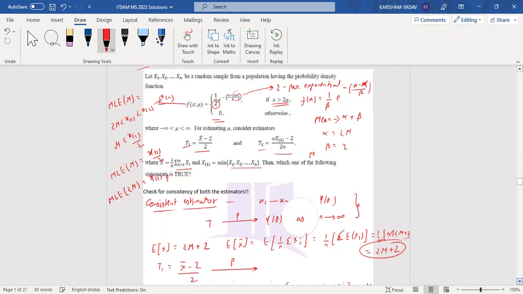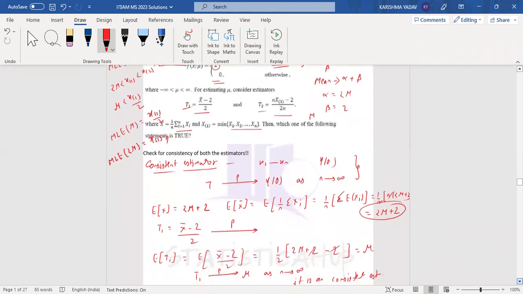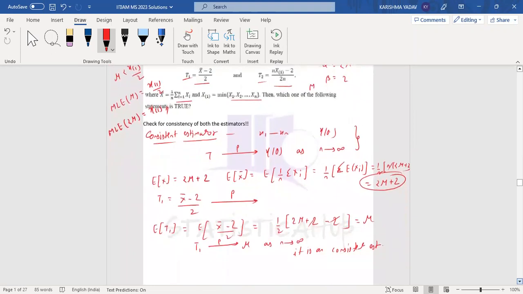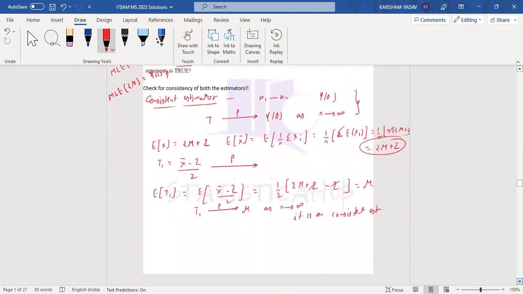So let's apply it here, and we know that the MLE is a consistent estimator. By using this, we have T2 equals n x1 minus 2 upon 2n with probability P. Let's find the expectation of T2. What is the expectation of x1?